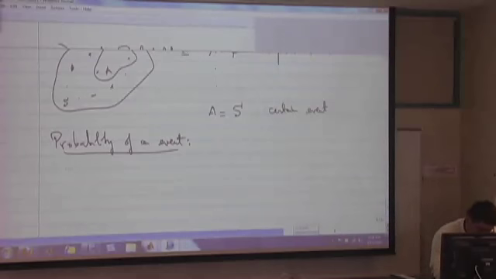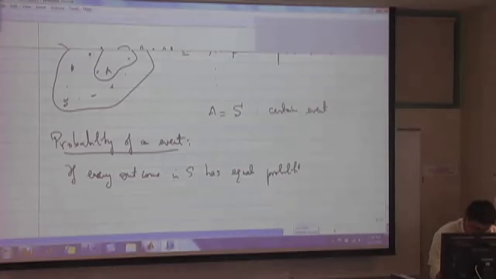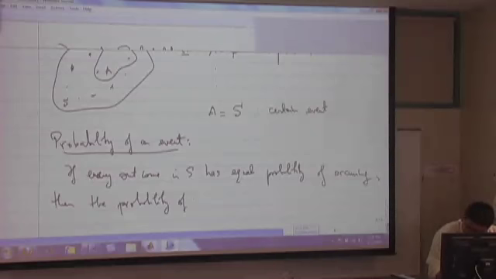So if every outcome in S has equal probability of occurring, then the probability of an event A is simply given by a count, right?